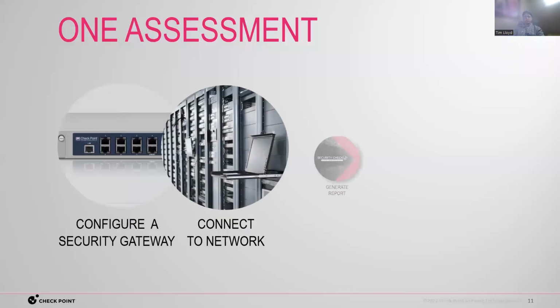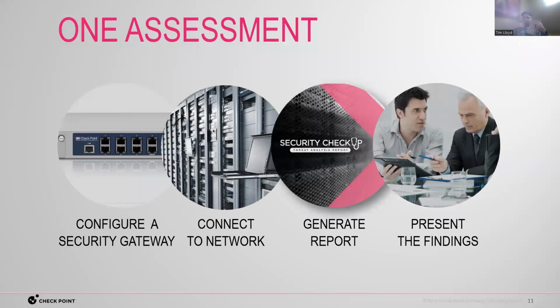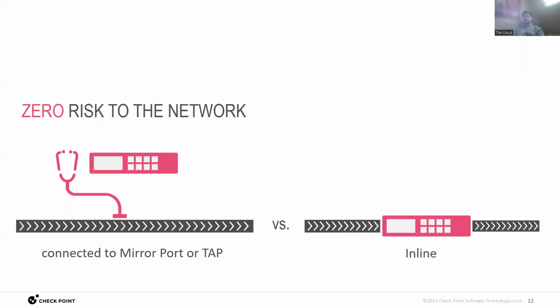Now, we are literally going to bring an appliance to your location. We're going to connect it to the network, and we're going to run it long enough to get a good sample of data. Maybe it's a week, maybe it's a couple weeks, and then we're going to present to you that report and its findings. There's no risks in the network because we're using a mirrored port. We're not in line, so we're not becoming a bottleneck or a single point of failure.